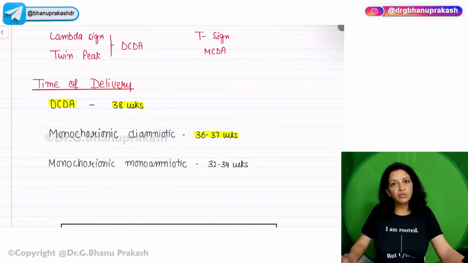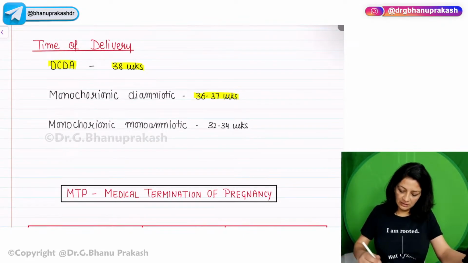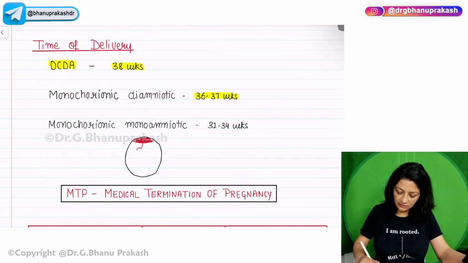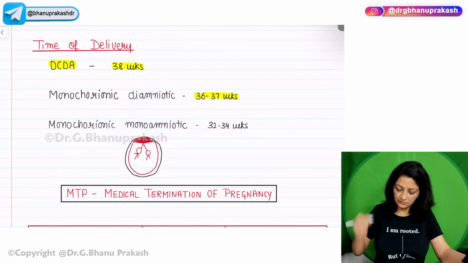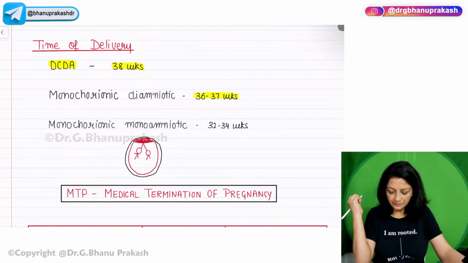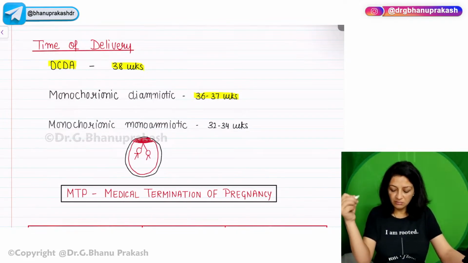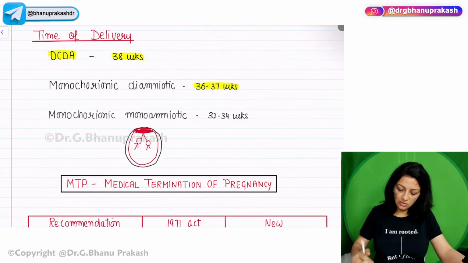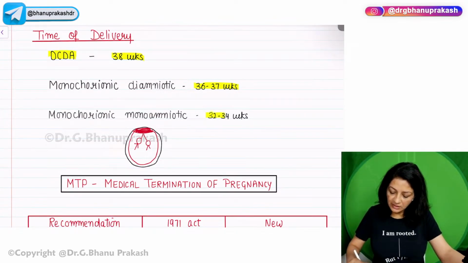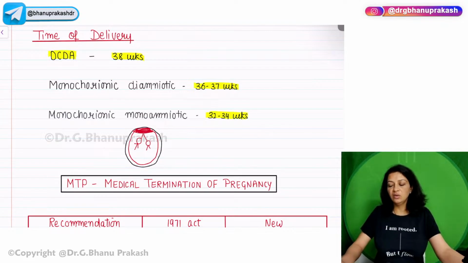But in case of monochorionic monoamniotic, meaning one placenta and one amniotic sac with the fetuses in it, where will the complications be? In monochorionic and monoamniotic. So time of delivery is 32 to 34 weeks.